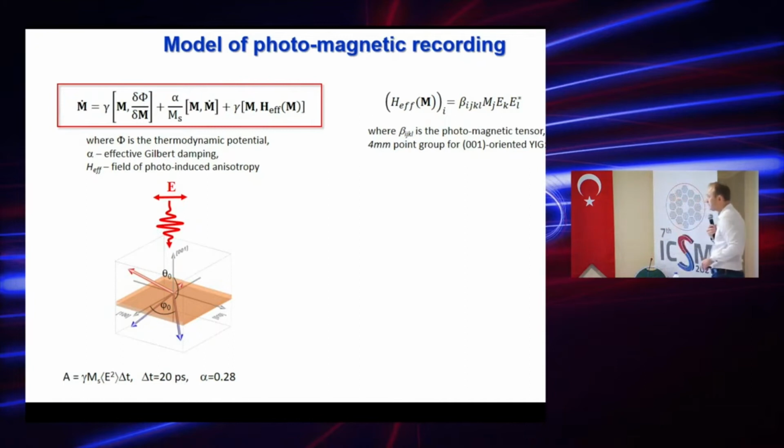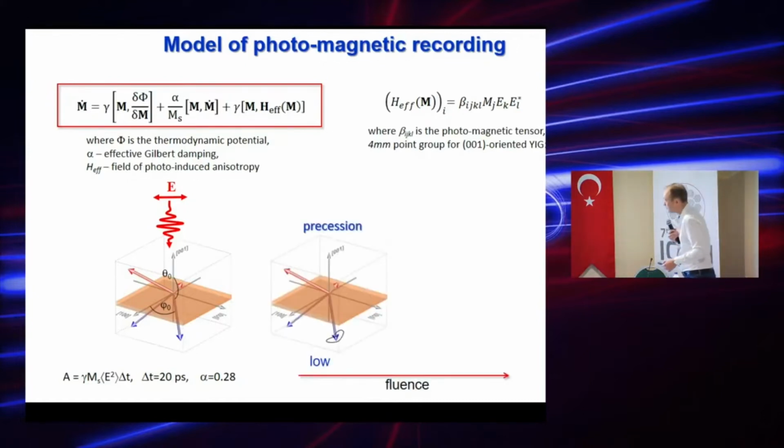The last term defines an additional field of photoinduced anisotropy produced by the light, in the form of a photomagnetic tensor with symmetry corresponding to our cubic crystal, our sample.